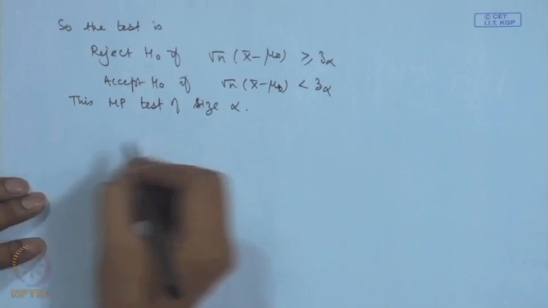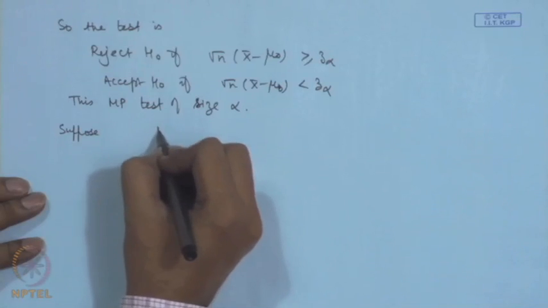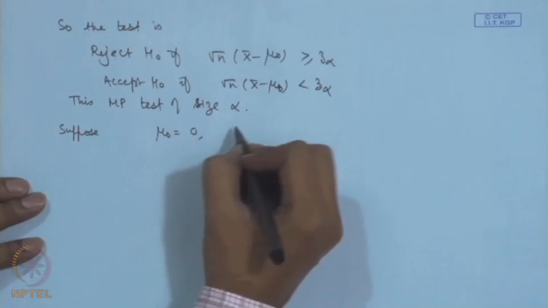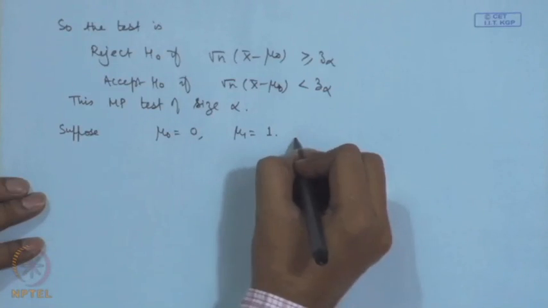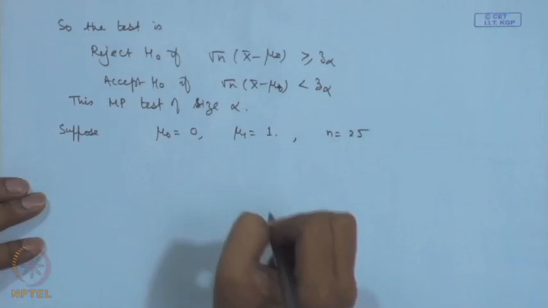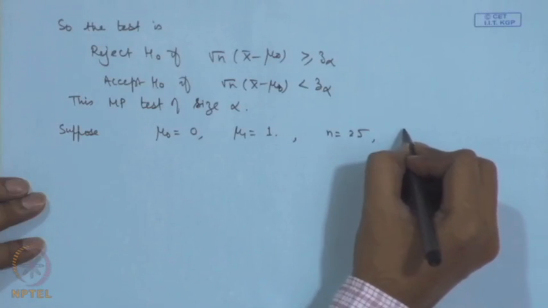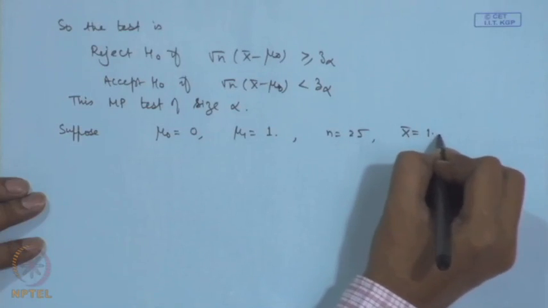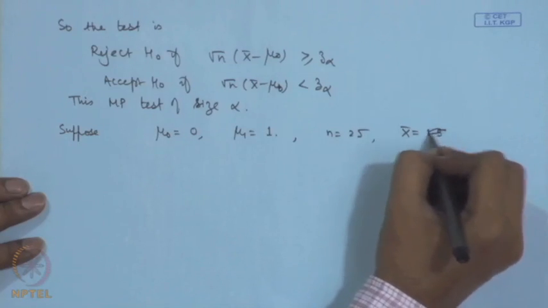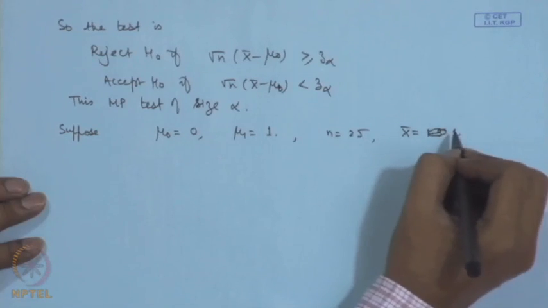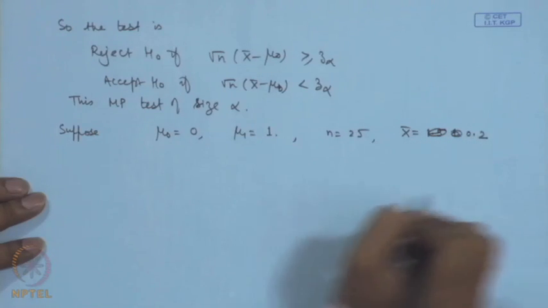Let us take a practical example here. Suppose I take say mu naught is equal to 0, mu 1 is equal to say 1, and say n is equal to say 25, and in a given problem suppose my x bar is equal to say 0.2.